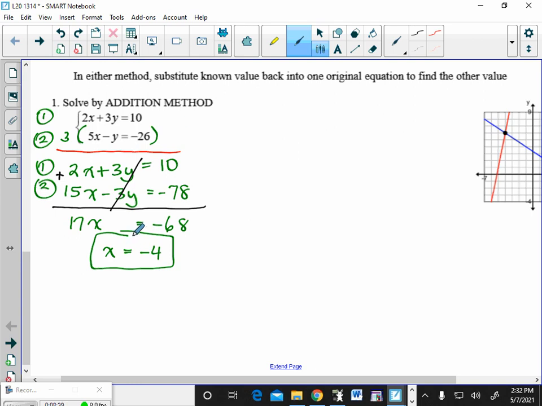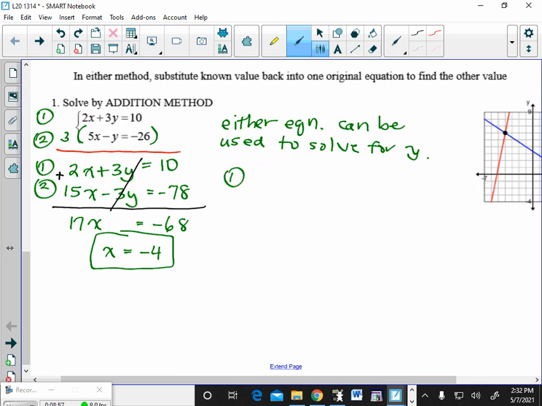Okay? So now we can go into either equation to solve for y. I'm just going to pick equation 1. So we have 2 times our x plus 3y equals 10.